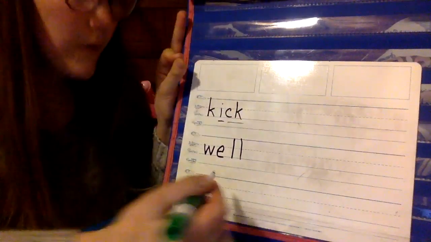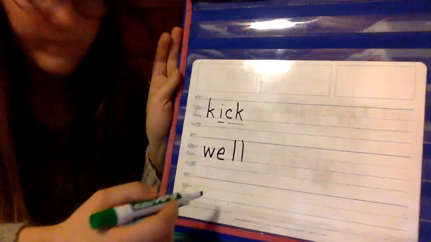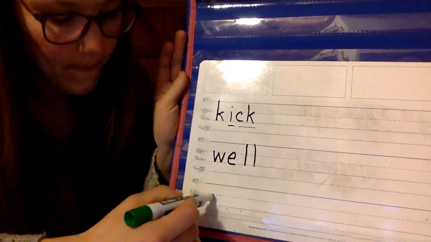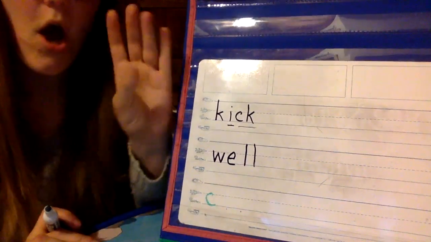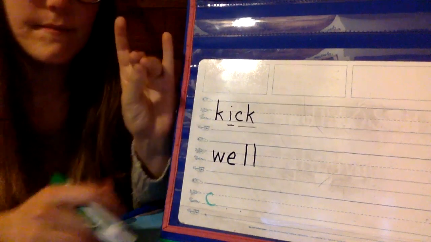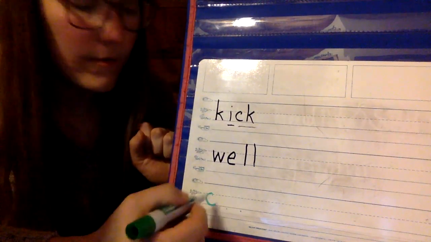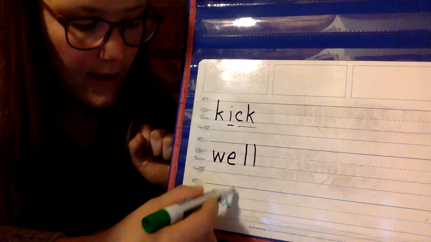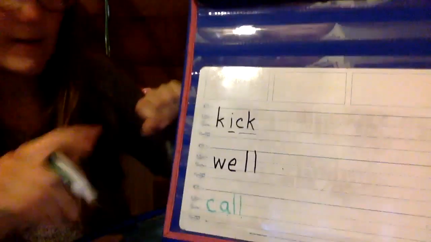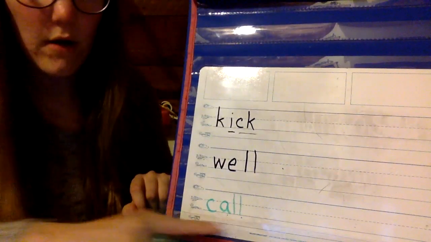Usually at the beginning of the word, it's a C. All. That's a glued sound. 3 letters make up that glued sound. All. A-L-L, ball, all. All, call. All right, clear your boards, ladies and gents.